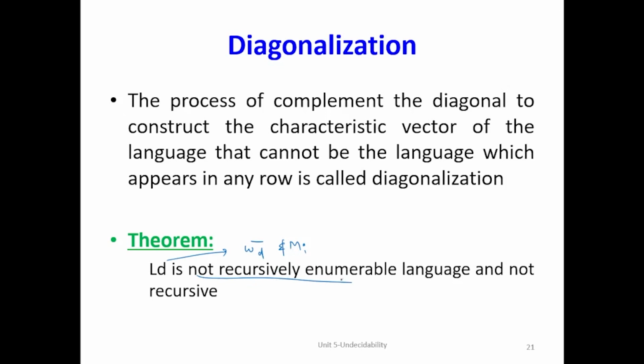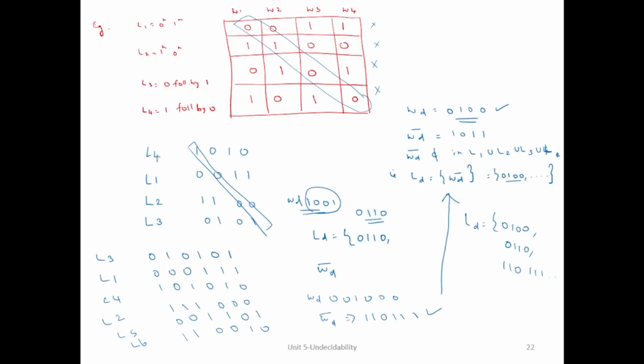So the corresponding language is not recursively enumerable, and the output is not predicted in yes/no format, so it is also not recursive. The theorem will be proved in a later class. Here I am giving only the explanation for framing the diagonal language. Thank you.